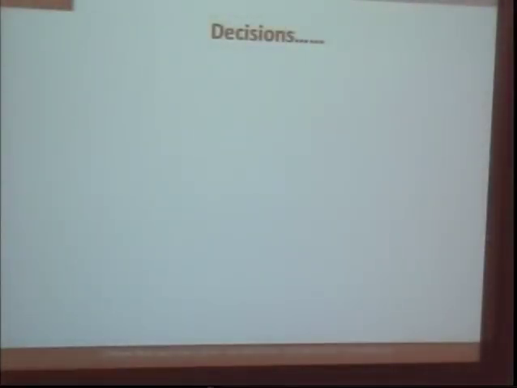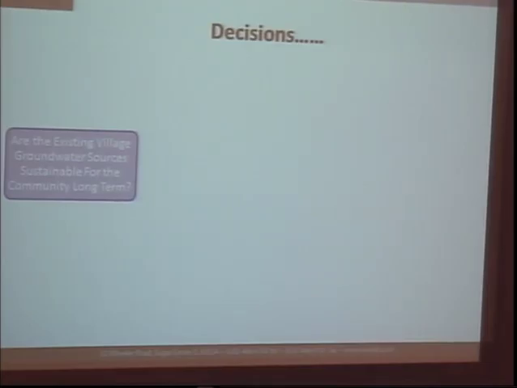While no decisions are to be made tonight, one of the big picture items that we really want you to think about, and it would be nice at some point to get some direction so that we can finalize the master plan approach, is the approach that you believe is a viable long-term solution for you right now. The first step is, do you believe that the existing village groundwater sources are sustainable for the long term for the community?